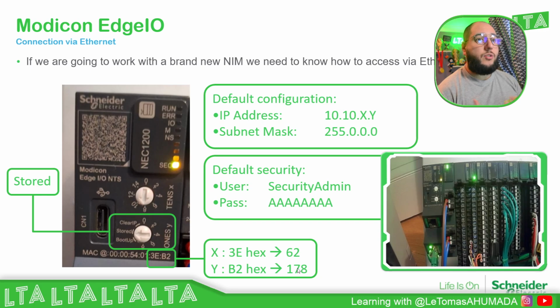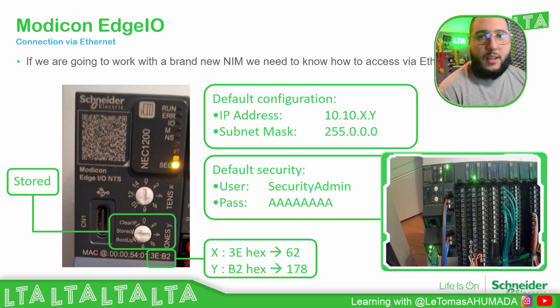Then once you have the connection through the web interface or the Modicon EdgeIO Configurator, you need to use the default security. That is security admin, with the S in capital and A in capital, and then 8 A's.